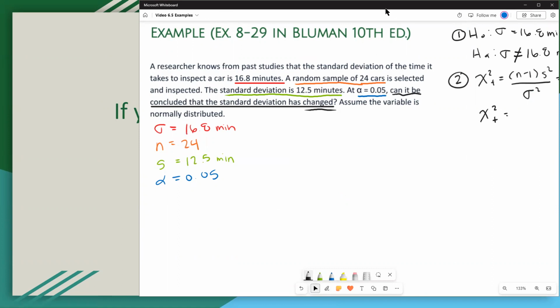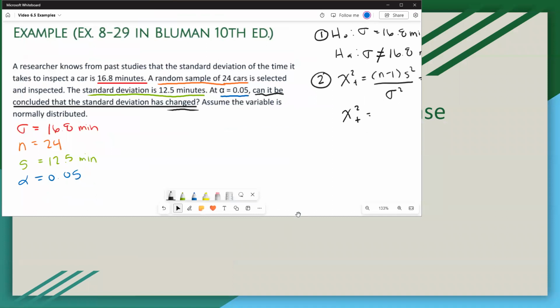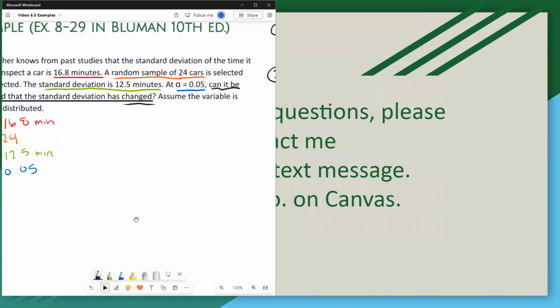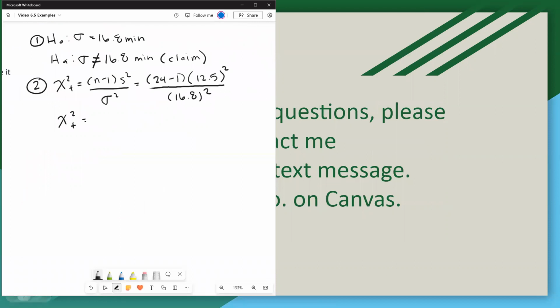Microsoft is always fun this way. Goodness, I'm having issues with tech today. There we go. Scoot over our work and pull up GeoGebra. Thank you for your patience.